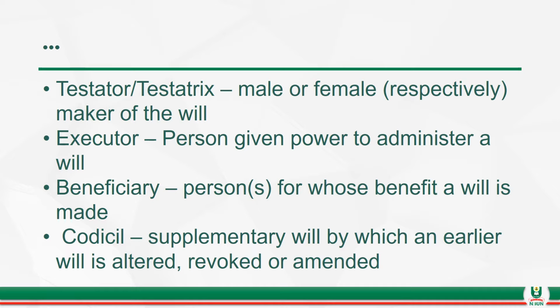The executor is the person appointed by the testator to administer the will. And then you have the beneficiary. Those are the persons, and it could be one person as well, for whose benefit a will is made. And a codicil is a supplementary will by which an earlier will is either altered, revoked, or amended.